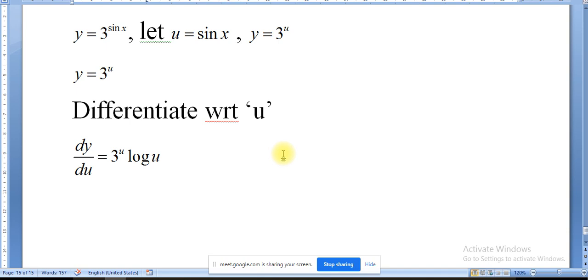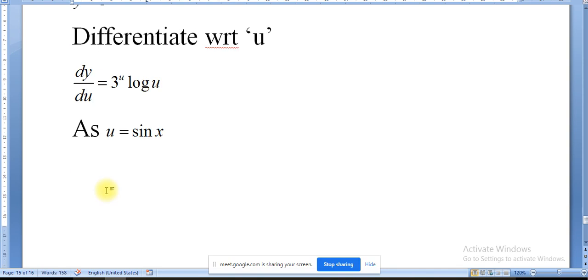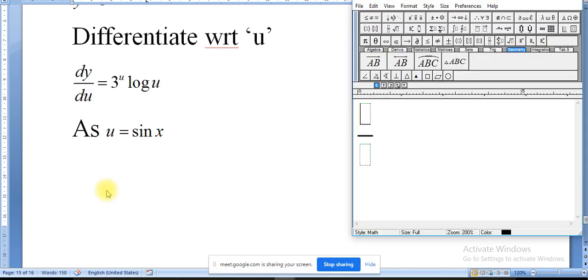Now let's see what du by dx is. As u is equal to sin x, du by dx is simply cos x.